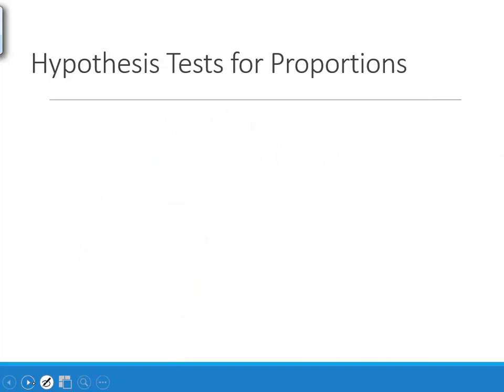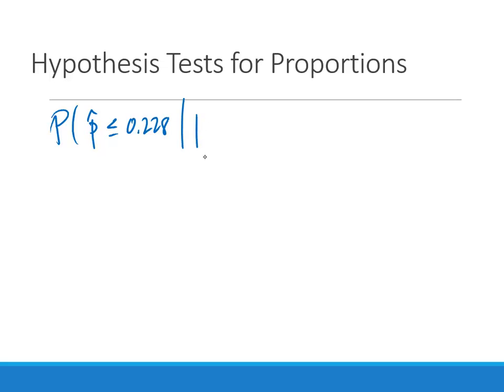To actually calculate my type 2 error, the probability that I fail to reject, which means that p hat is less than or equal to 0.228, given that the true proportion is really 0.25, this is just the usual thing.